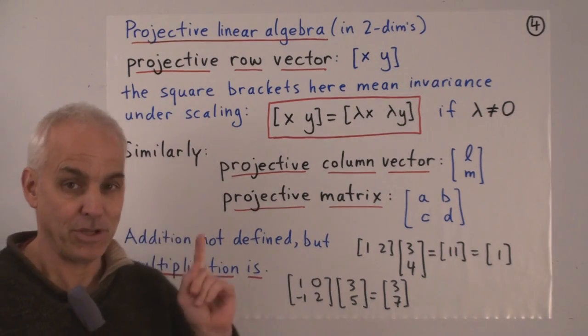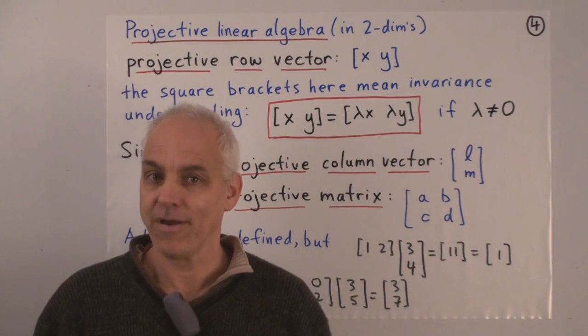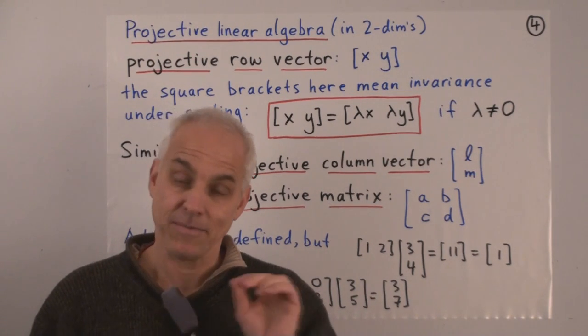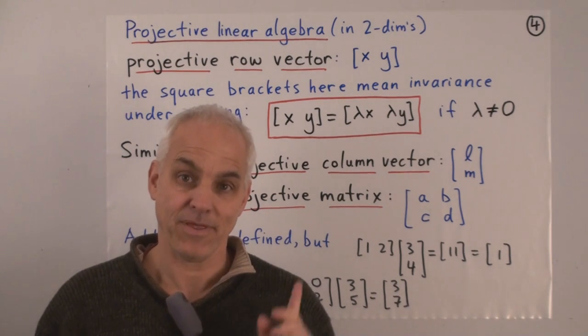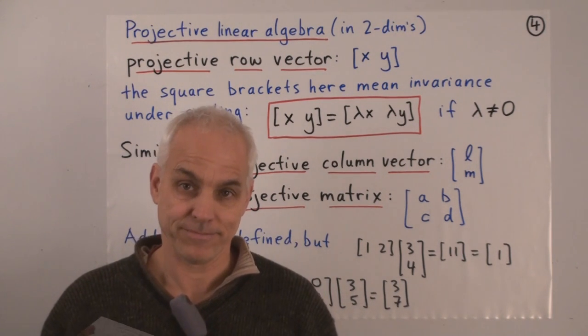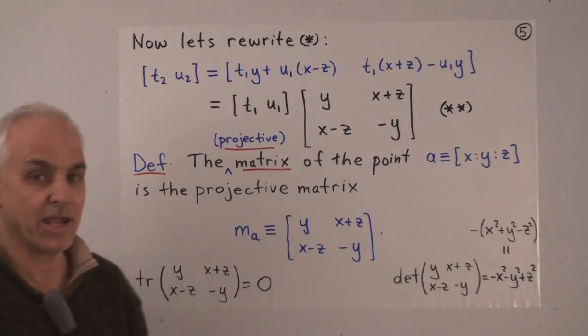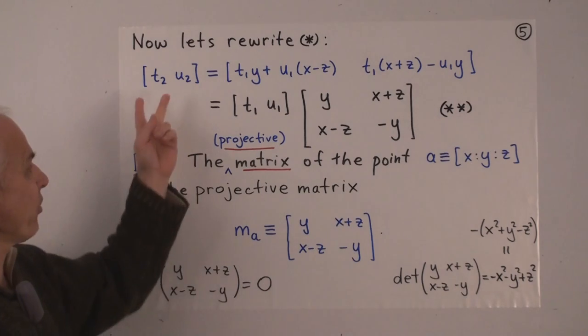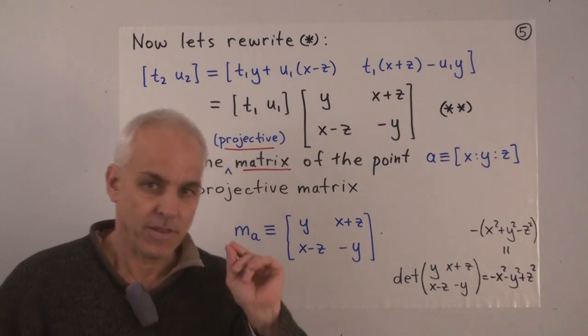So this is now what we're going to use to have another look at that basic equation, the one we called star, that we defined from the reflection in the point A. Let's have a look at it again now with a linear algebra point of view. So here is our equation star rewritten in terms of two projective row vectors.